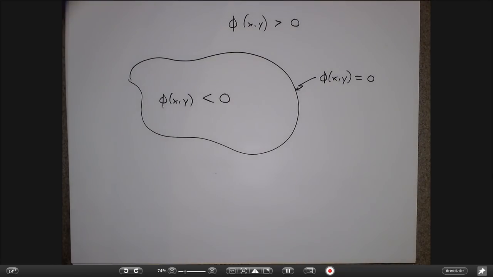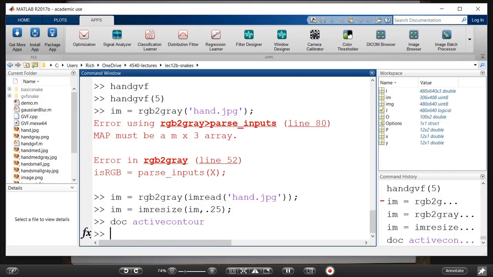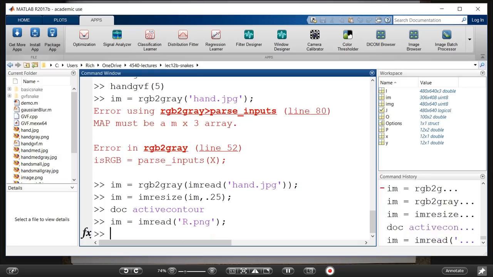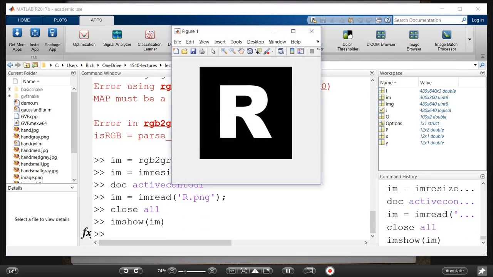And so let me make this a little more concrete in MATLAB, right? So I made a little example. Here I have an object that has a complicated boundary, right? It's got the outside of the R, and it's got a hole, right?